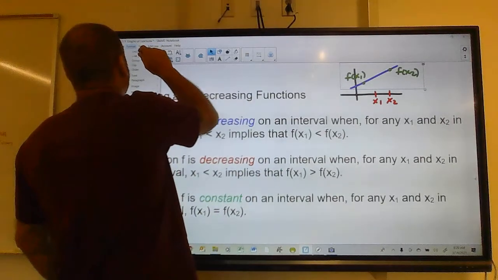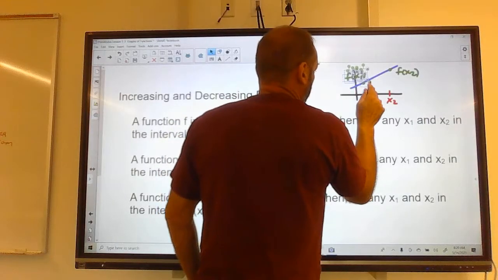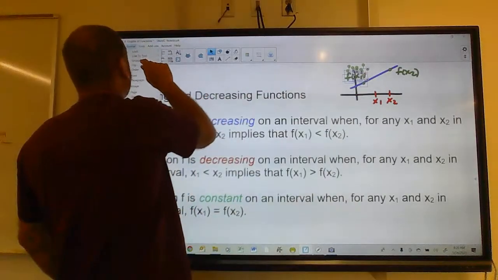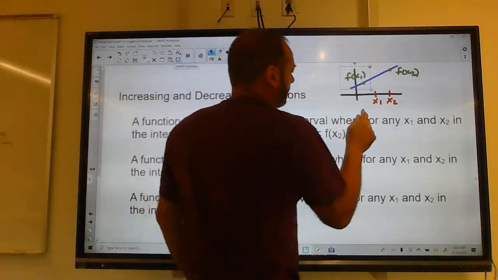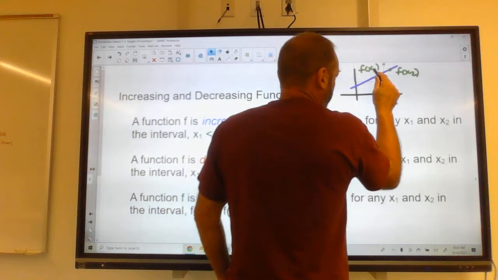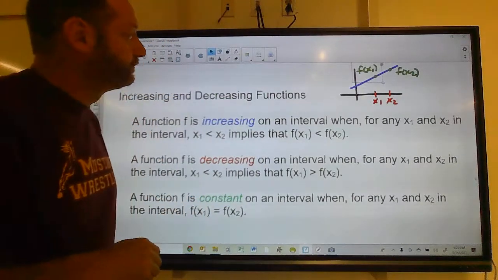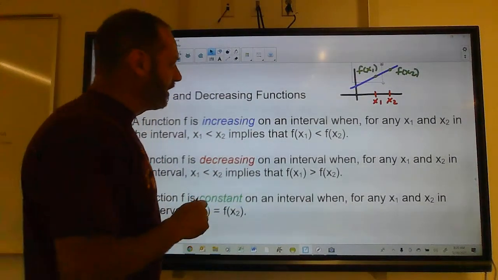Let's ungroup this. Okay, so if I move my x1 over here, then my f of x1 is here, and it's still less than f of x2. And that will always be true.